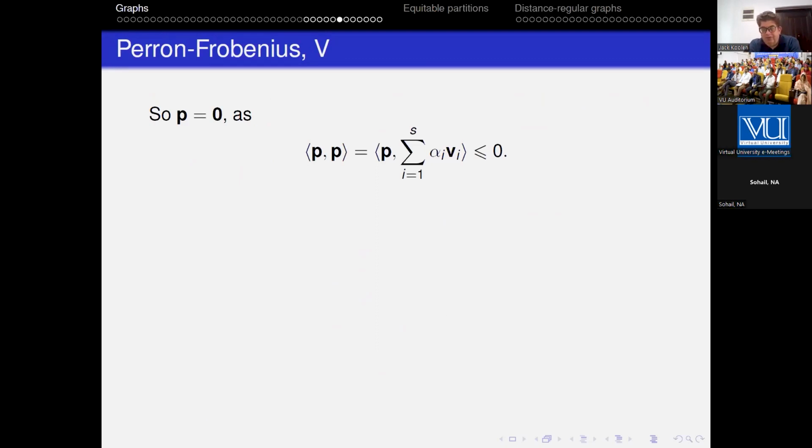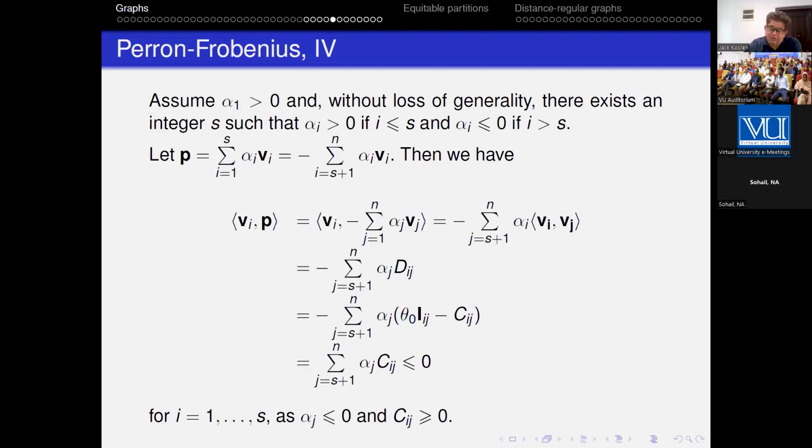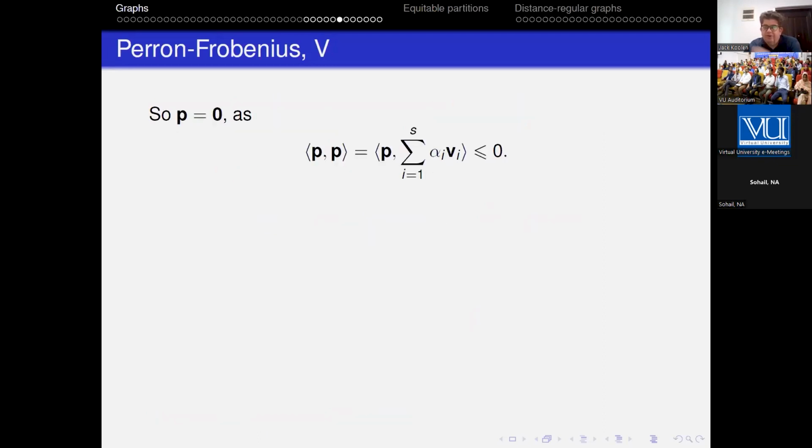So why do we now get that p is equal to 0, that p is the zero vector? Because if I look at the inner product of p with p, that is the same as looking at p with the sum from i is 1 to s of alpha i vi. We had this, vi times p is at most 0. So the alpha i's are all positive, and the inner product with p is negative, so this is negative.